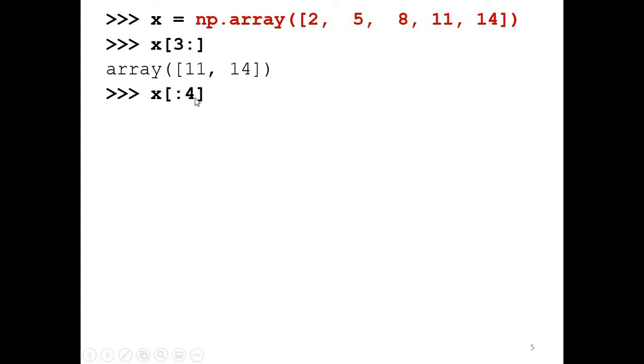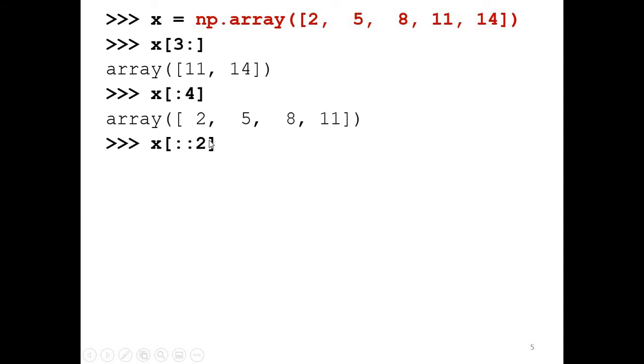If you write [:4], that means it will begin from the beginning, the 0th element, and go up to 4. 4 means it won't touch 4. So you will start from here, 0, 1, 2, 3. So it will slice out these elements 2, 5, 8, 11.